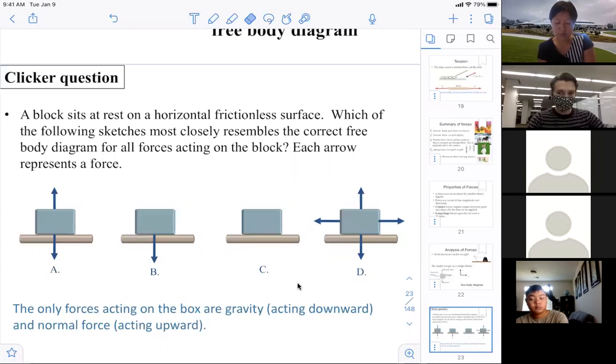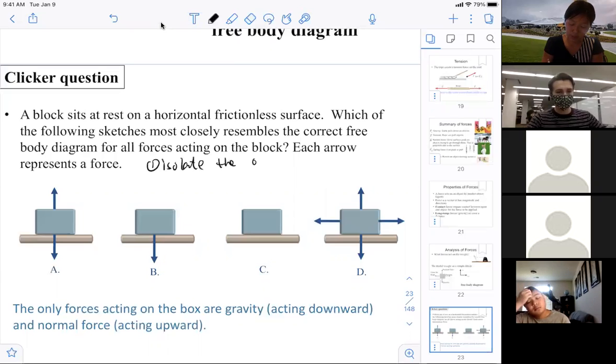So here, to draw the free body diagram, what are our 3 steps? The first step is to isolate the object. In this case, the object that we're interested in is a block. So let's put our attention on the block.